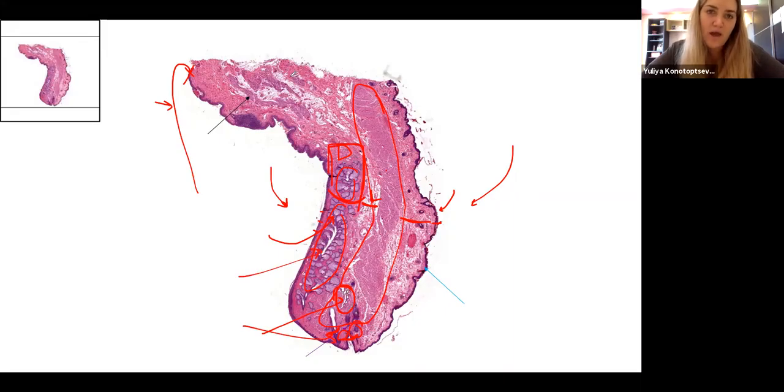At the top here, we have two muscles. There's one muscle here, and there's one muscle here. The bottom one is the superior tarsal. The top one is the levator palpebral. How do you know?